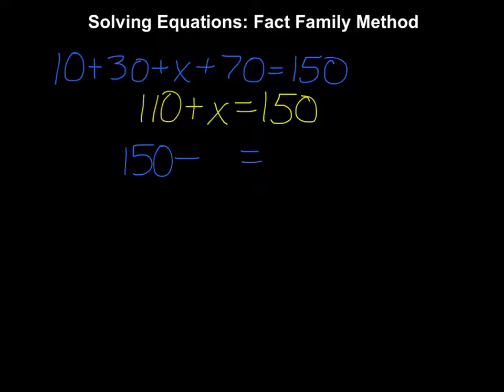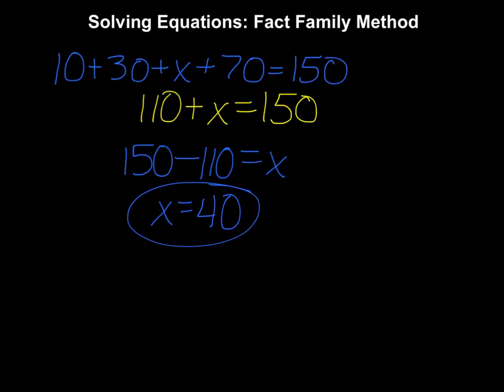Now I can fill either of the two numbers left over, 110 and x, into these two spots. So obviously I'm going to want to put 110 in there so I can solve that, and x will be my answer. Now we're ready to solve. x equals 150 minus 110 is 40. And there it is.